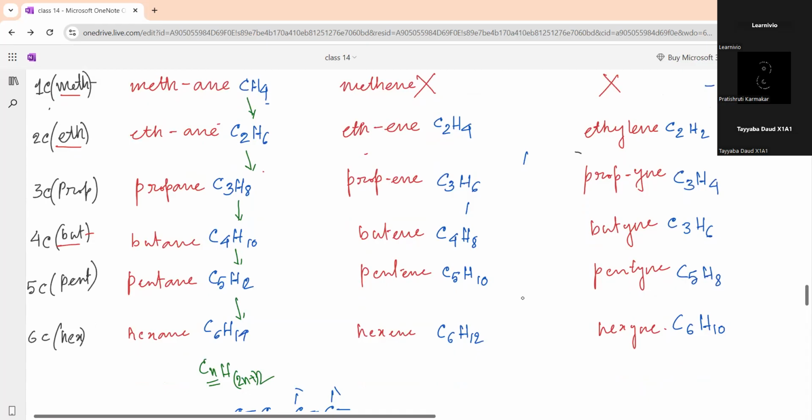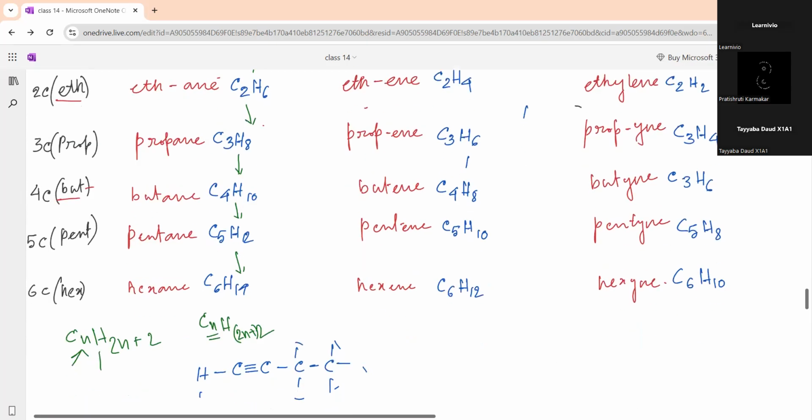You see, CnH2n plus 2. If we say n is equal to 1, the number of carbon is 1. Now from the formula, tell me what will be the number of hydrogen?